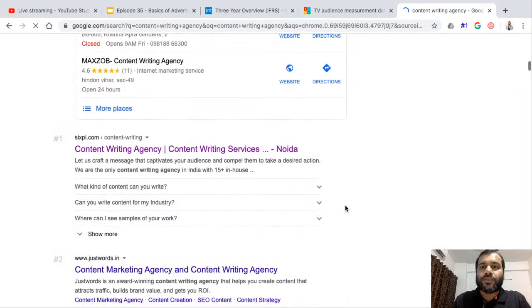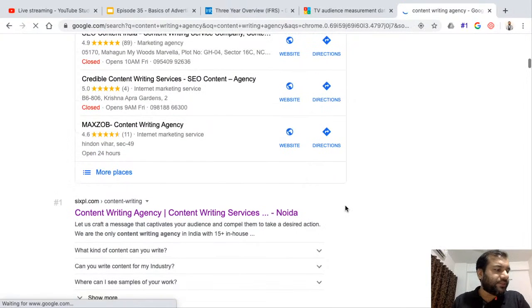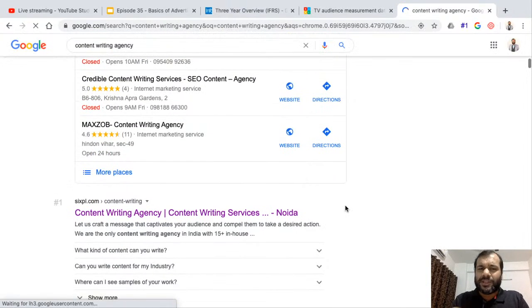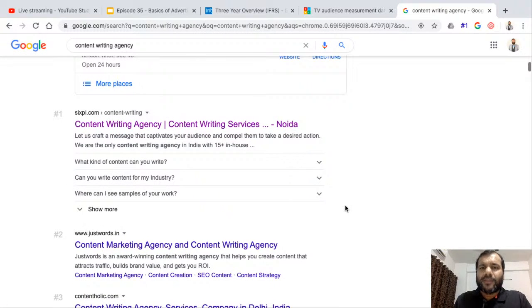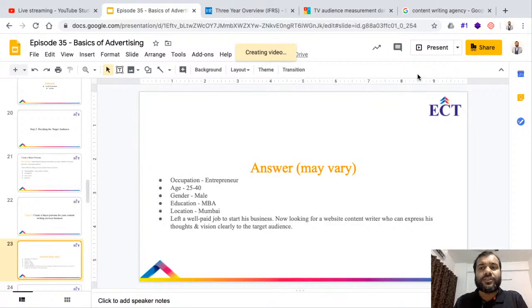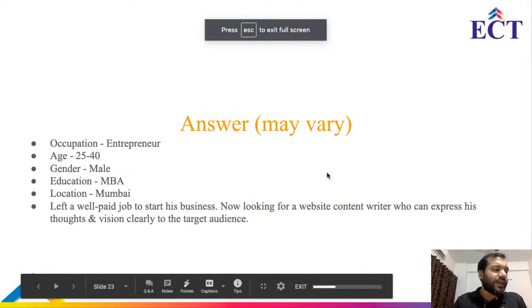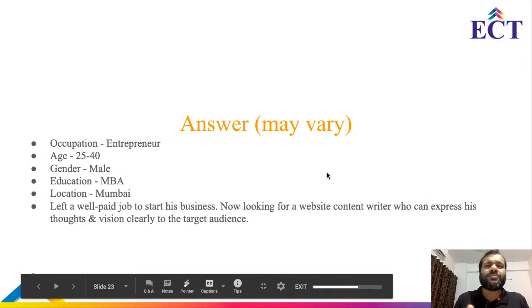So somebody searching for these keywords or other keywords is our target audience. So there are different ways of doing it. This is what I've written, and answers may vary. I have just created one, and you can create other buyer personas.